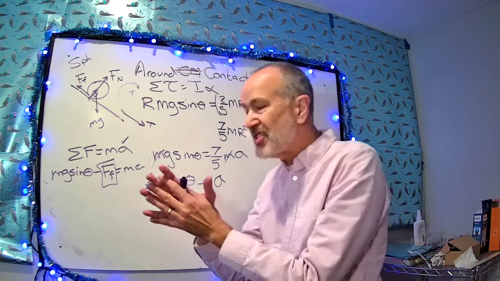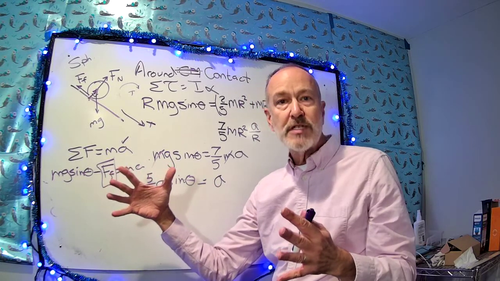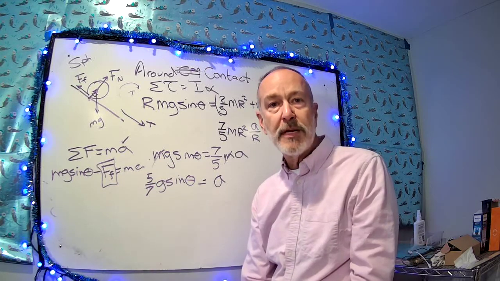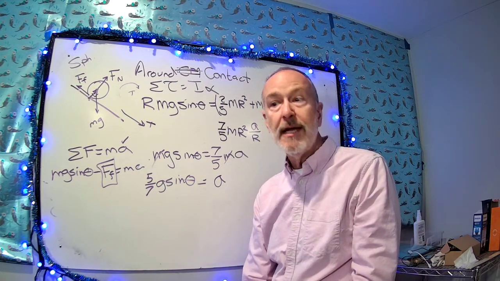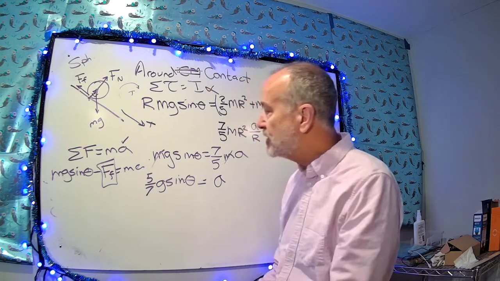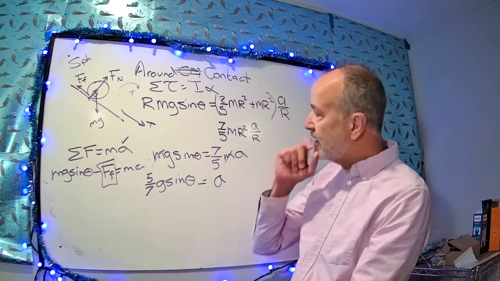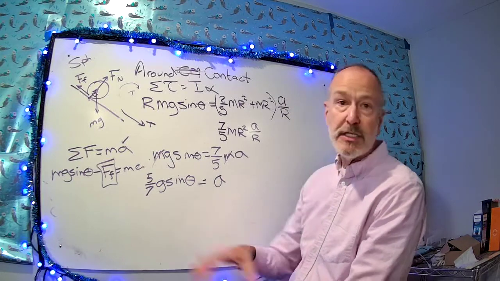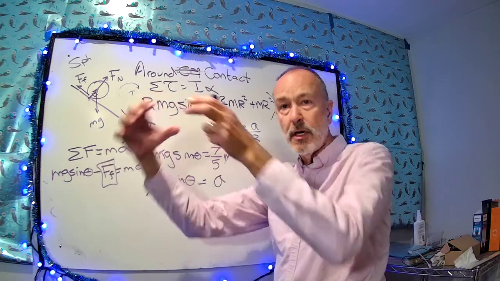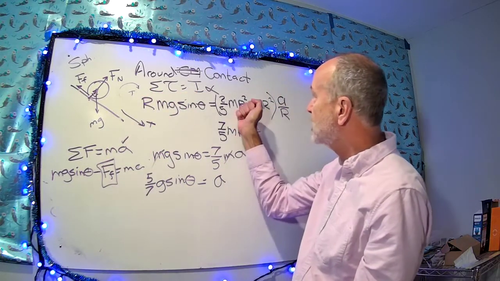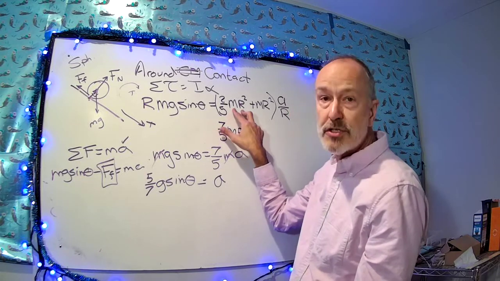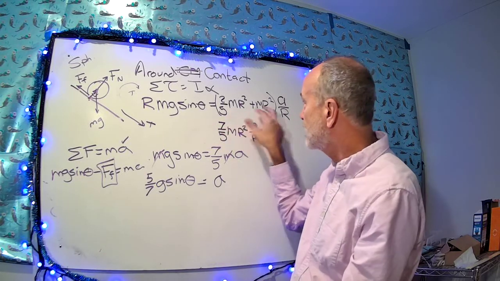The more stuff is out towards the outside, the bigger the rotational inertia, and the harder it is to speed it up. So a higher rotational inertia is going to give you a smaller acceleration. Taken to the extreme, if you just have a hollow hoop with the same mass, the rotational inertia for a hoop is mr squared around the center of mass plus this mr squared.